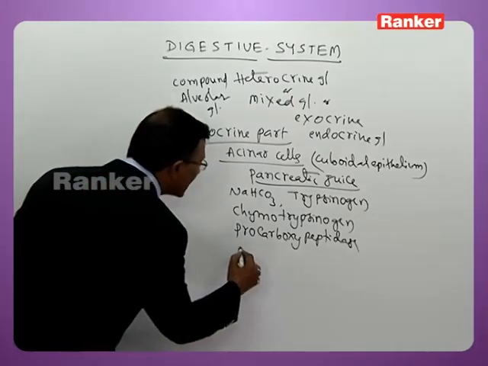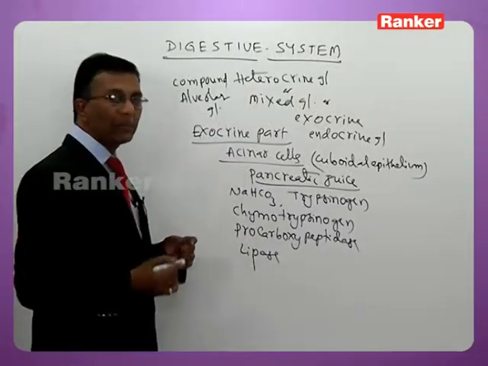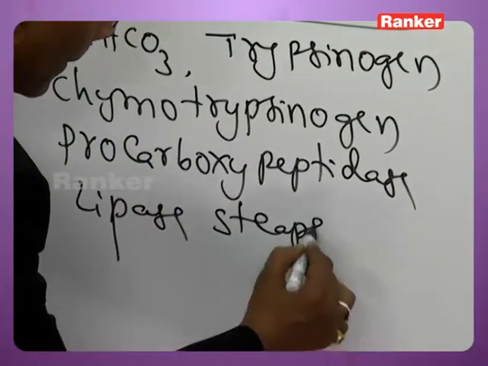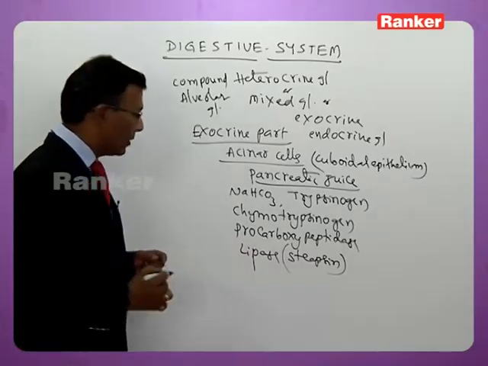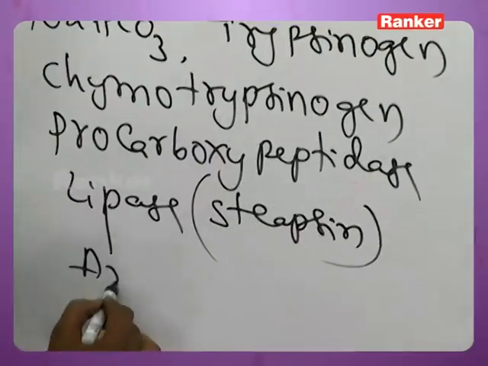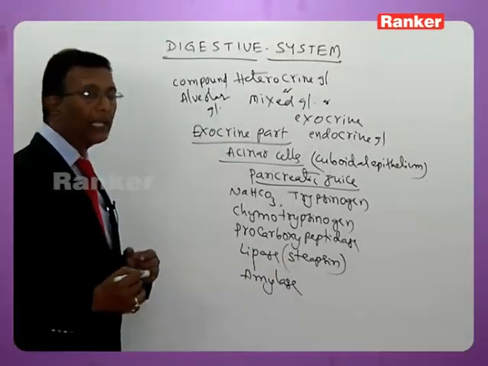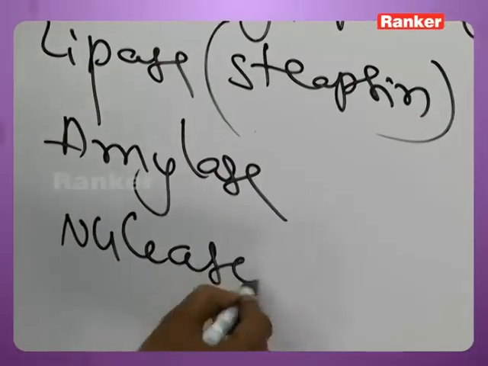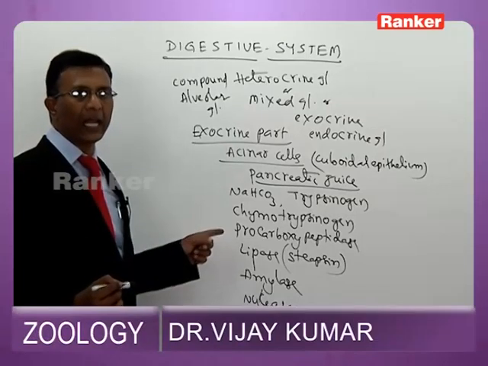Apart from this, it has lipase. Lipase synthesized by the pancreas is also called steapsin. Then you have pancreatic amylase, and pancreatic nucleases, DNase and RNase.